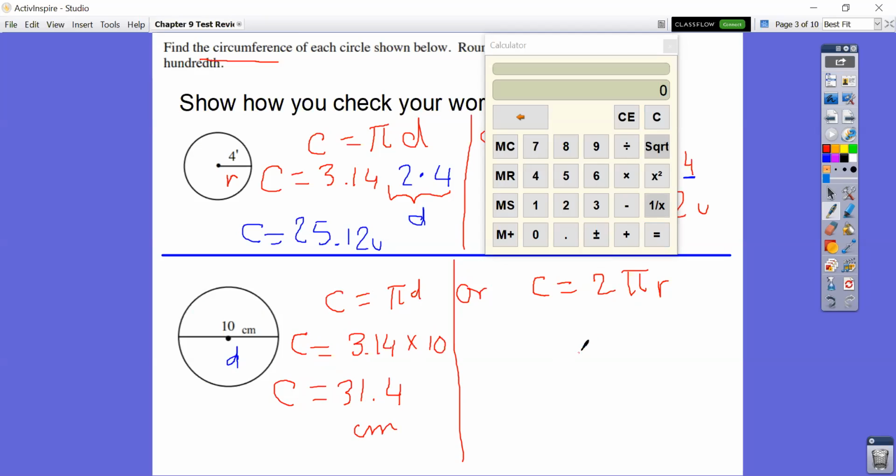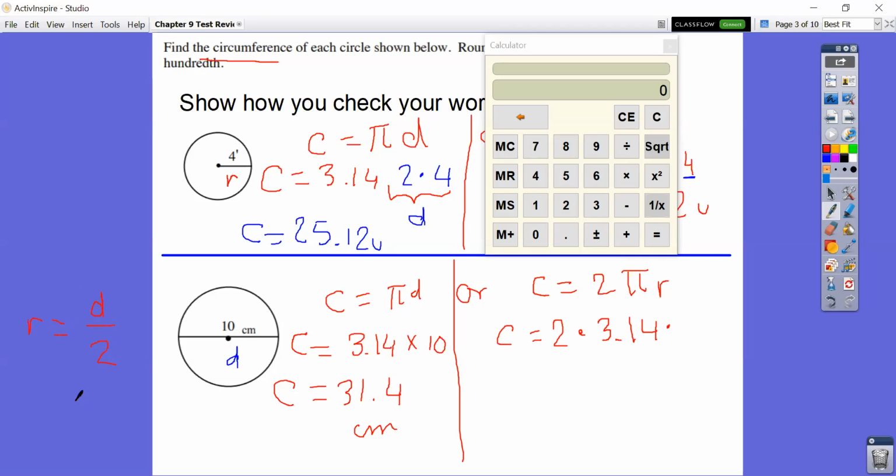Let's use the other formula. C equals 2 times 3.14 times the radius. Radius is half of your diameter. So radius, remember, is half of your diameter.